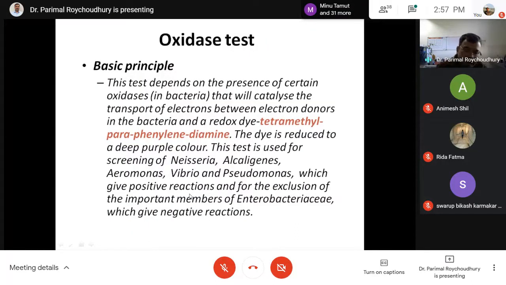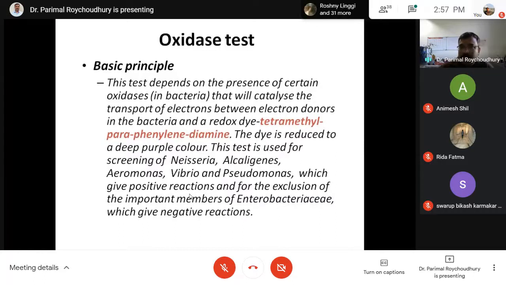This is another test very frequently performed, and we mentioned in our previous lectures that this organism is positive or negative for such and such enzyme. So this oxidase test is another very frequently performed test for identification of bacteria. Here the principle lies with the presence of oxidase enzyme on its surface.